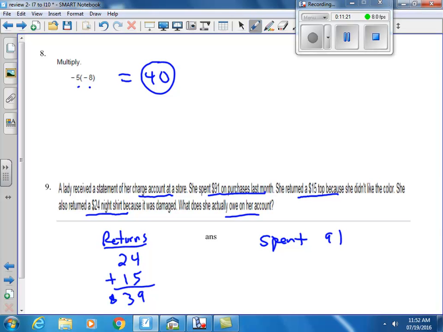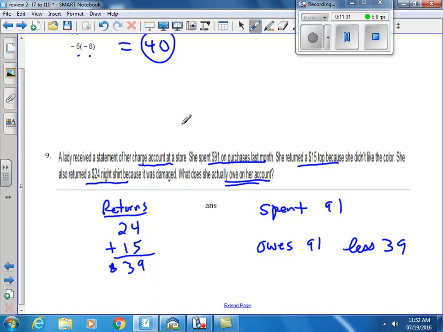So she doesn't really owe 91 anymore. She owes 91 less 39. Another way of saying that is 91 minus 39. Which is 52.